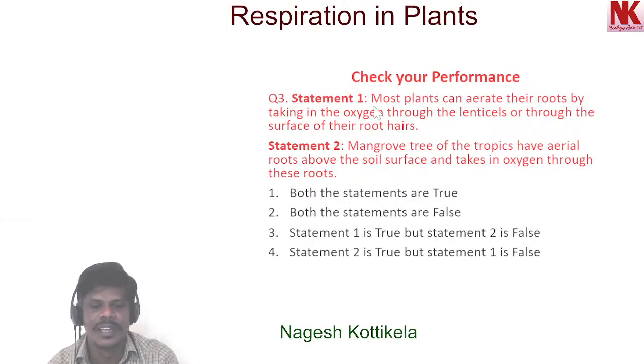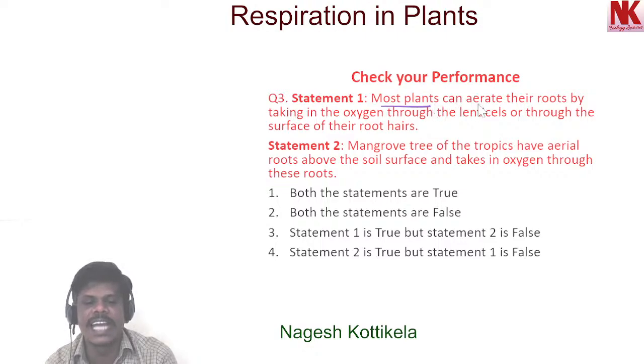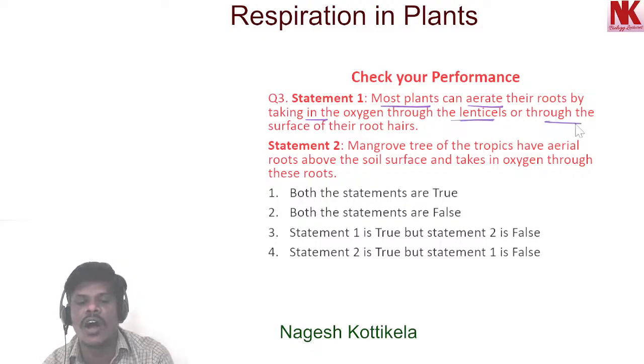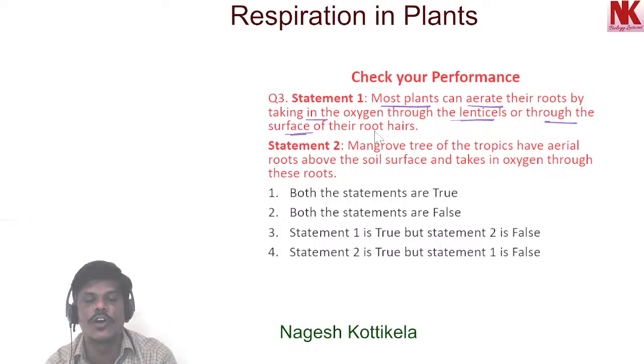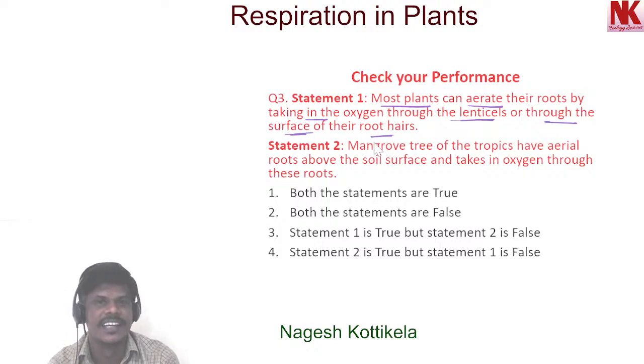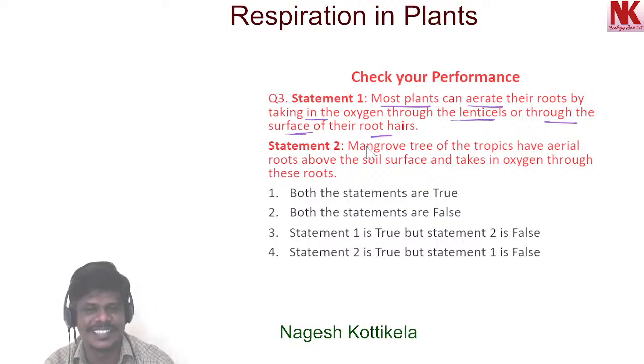Statement 1: most plants can aerate their roots by taking in oxygen through the lenticels or through the surface of their root hairs. Is this statement correct? Yes, it is true.